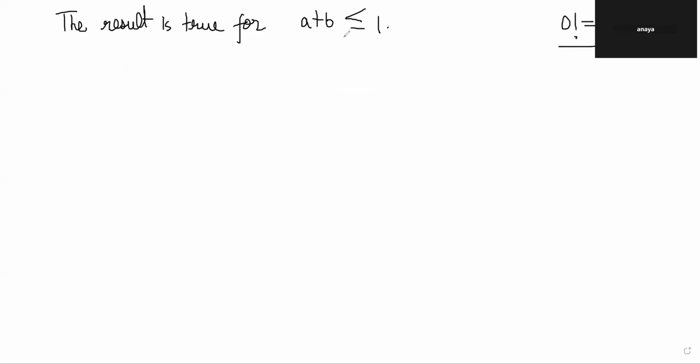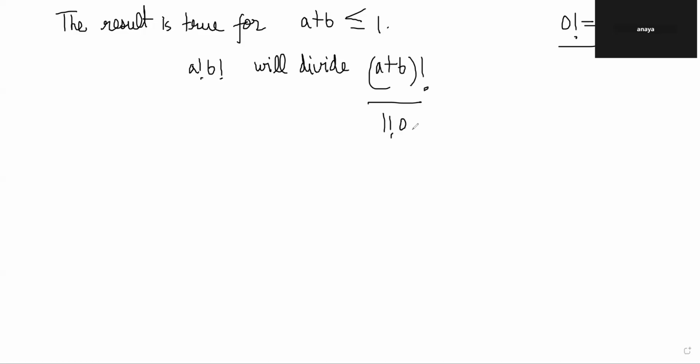In this case, a factorial b factorial will divide a plus b factorial, because this will be either 1 factorial or 0 factorial, which are both 1, and these will also be 1 into 1 only. So the result is true for the base case, where a plus b is less than or equal to 1.